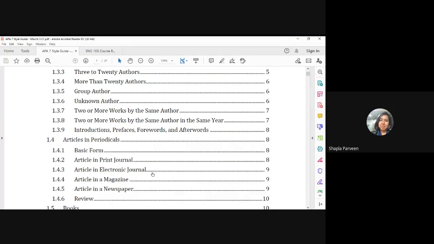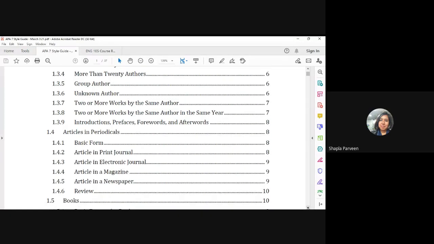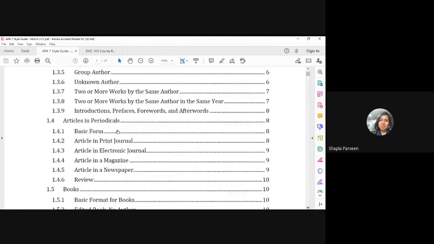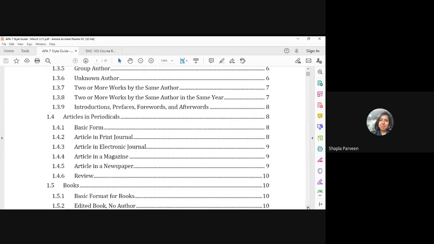You can also borrow from printed if you have any books at home that you can use, but most of the information will be from online. So this is an important rule, that you have to provide the online address, the website address. So article in a magazine, newspaper, review, books. The list goes on.